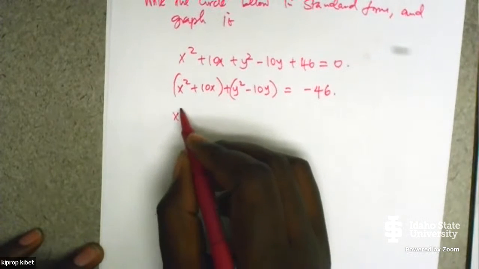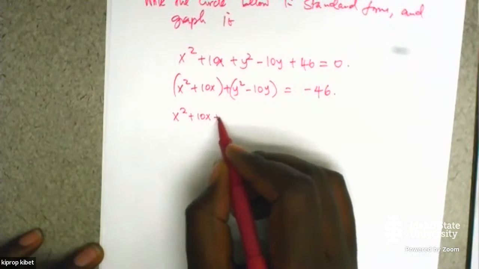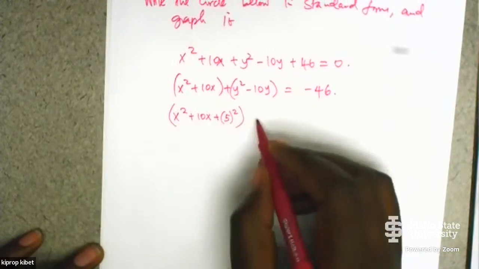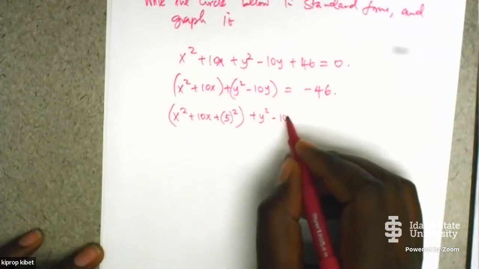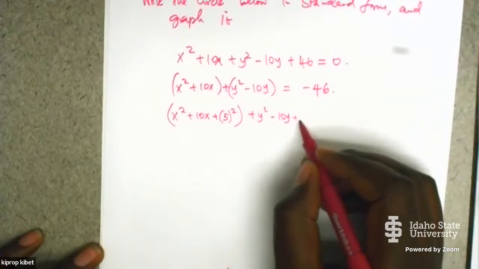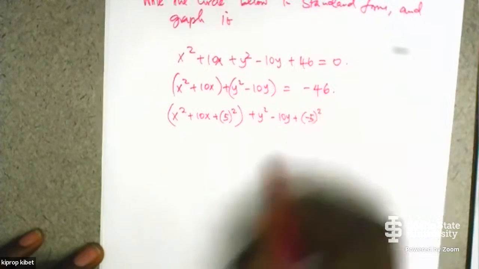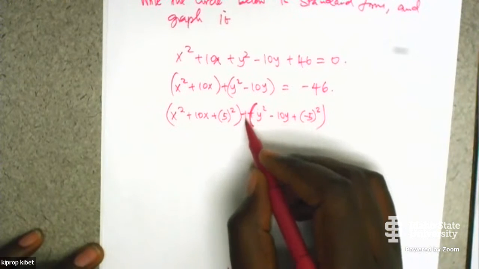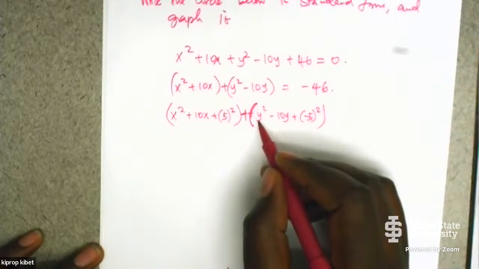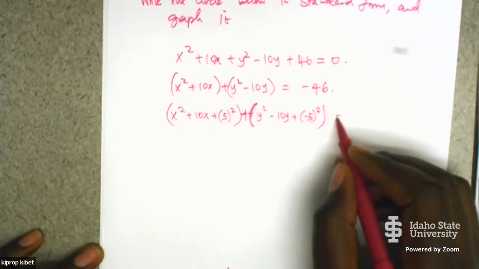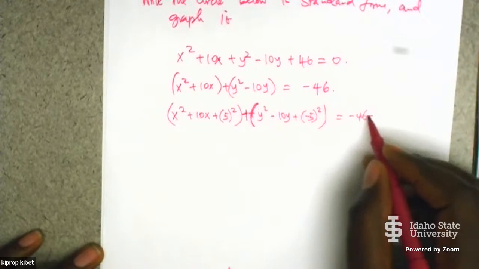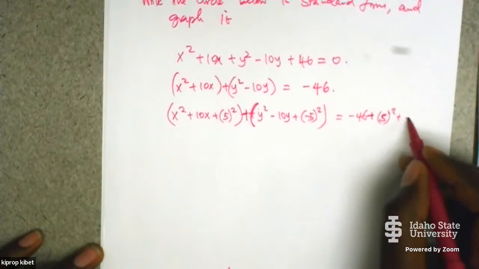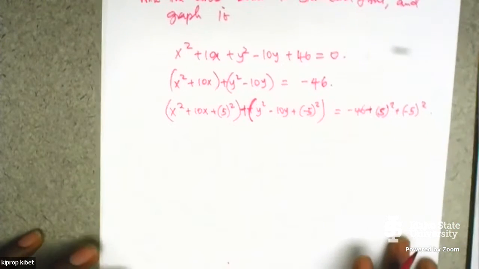So we have x squared plus 10x plus half of this, which is 5, squared. Then plus y squared minus 10y, half of this is minus 5, and then we square, right? And then equals minus 46 plus 5 squared plus minus 5 squared. That's 25 plus 25.